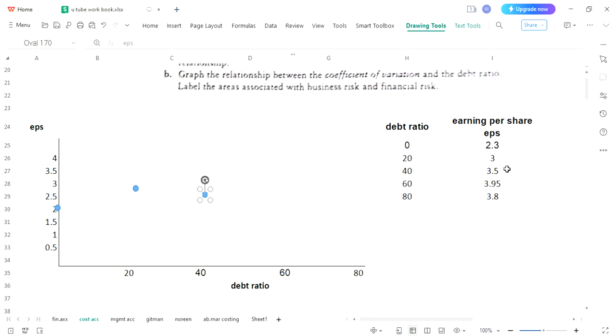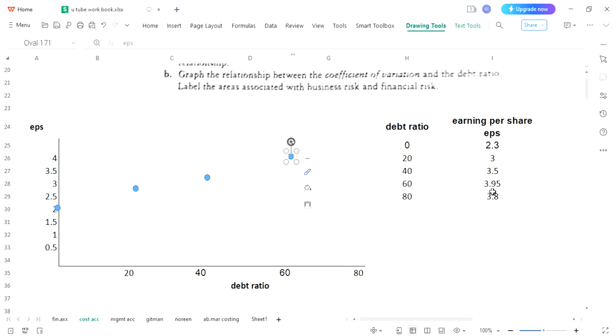Now the third point, 40 and 3.5. 40 is here and we need to put it at 3.5, which is present over here. The next point is at 60 debt ratio, which is over here, and we need to put it at 3.95, which would be nearby.